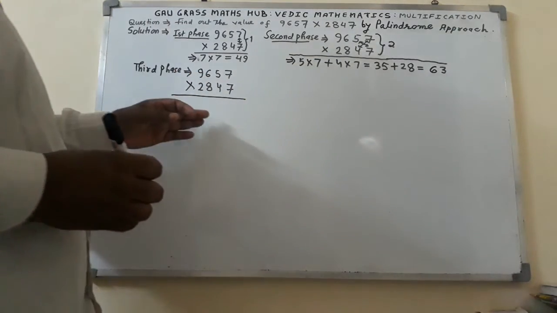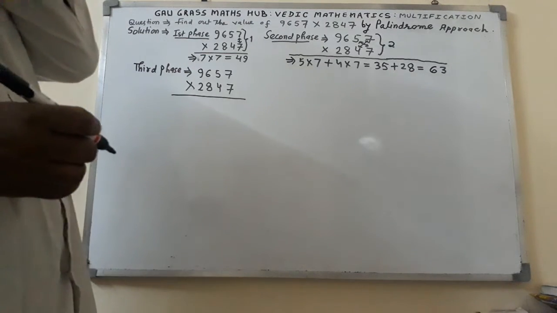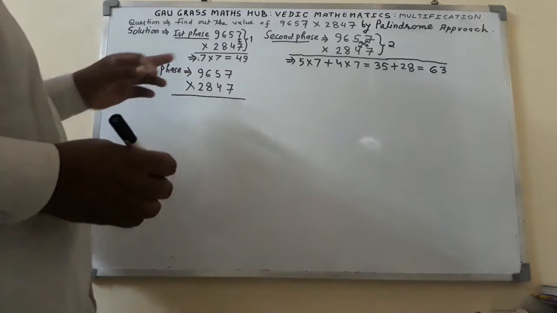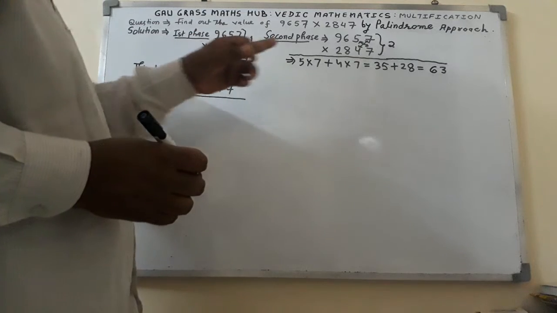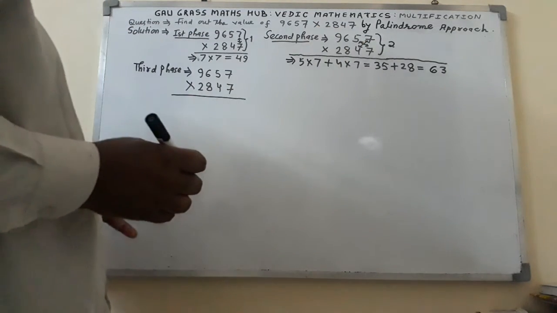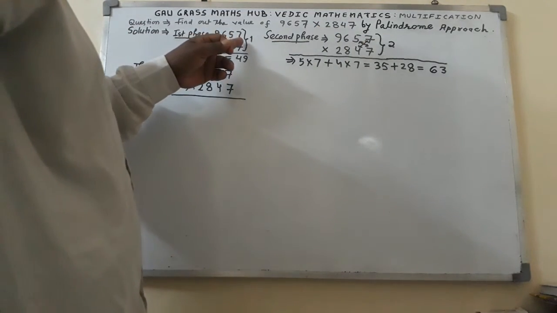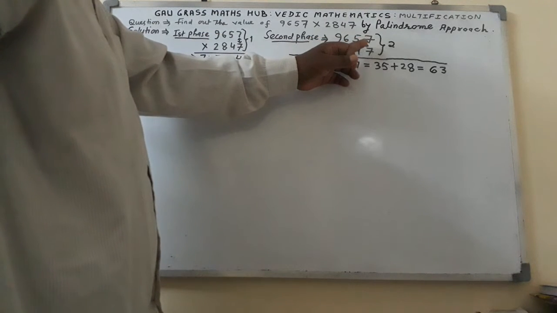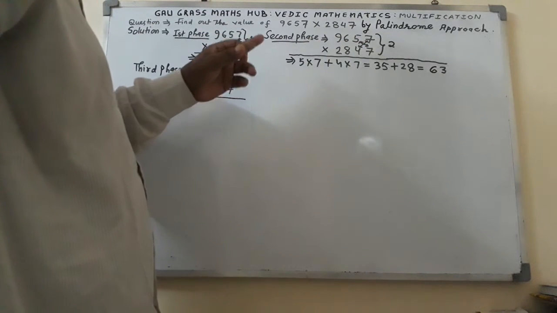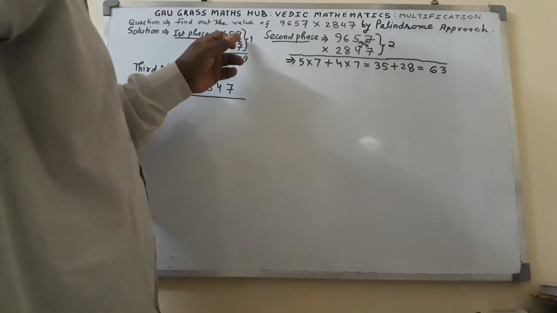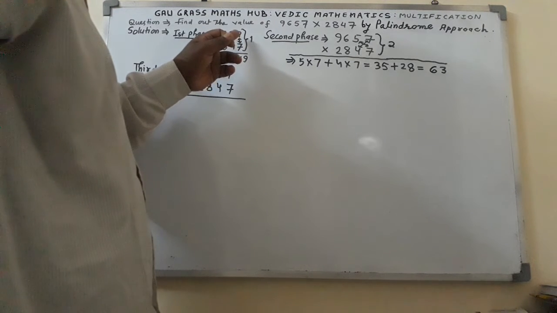In this case, what will we do? Third phase: one horizontal line, two transverse lines. This is one horizontal line headed on both sides.